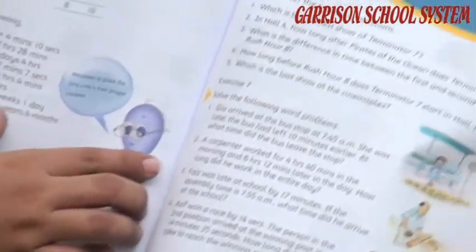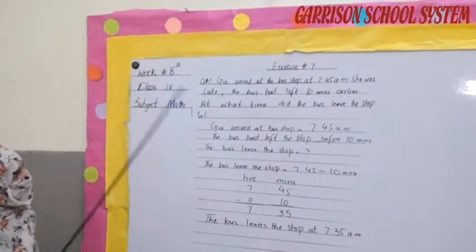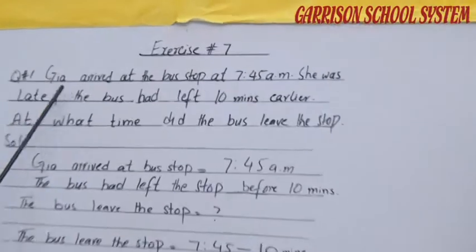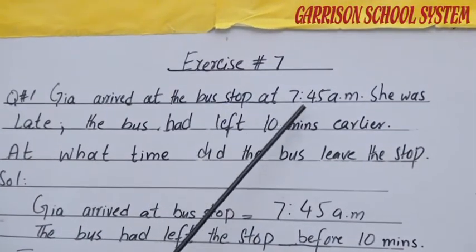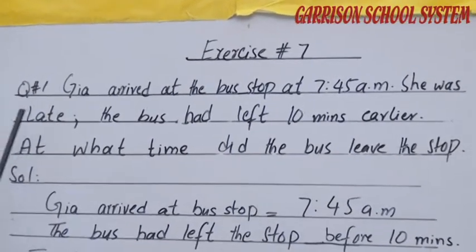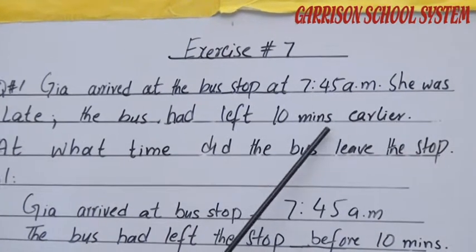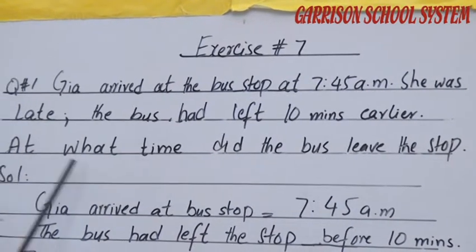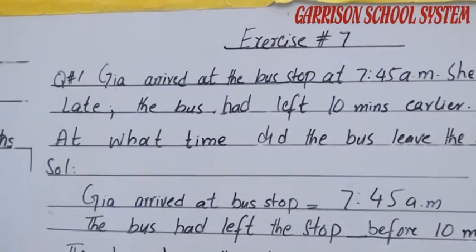You can solve 2, 3 and 4 yourself. Question number 1: Jia arrived at the bus stop at 7:45 am. She was late. The bus had left 10 minutes earlier. At what time did the bus leave the stop?